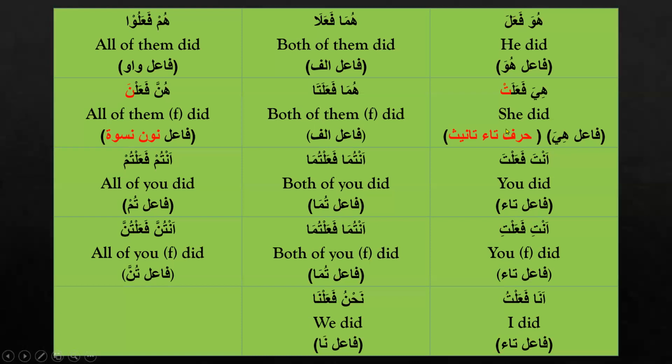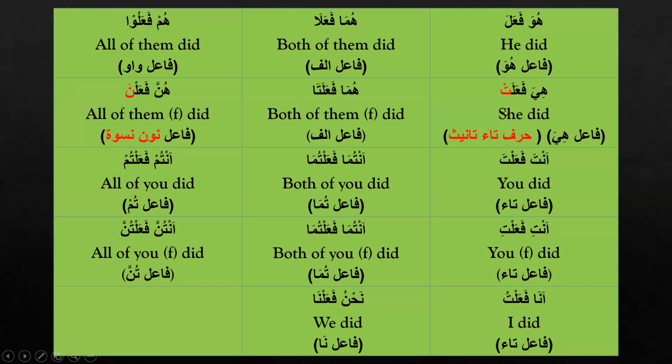Then hiya fa'alat, she did. File is damir mustatir, as I already mentioned, you cannot see the damir here. This ta is not your file, because files are pronouns, they are raf' and in the category of ism. This is ta tanis, to show that this verb is used for the feminine gender.